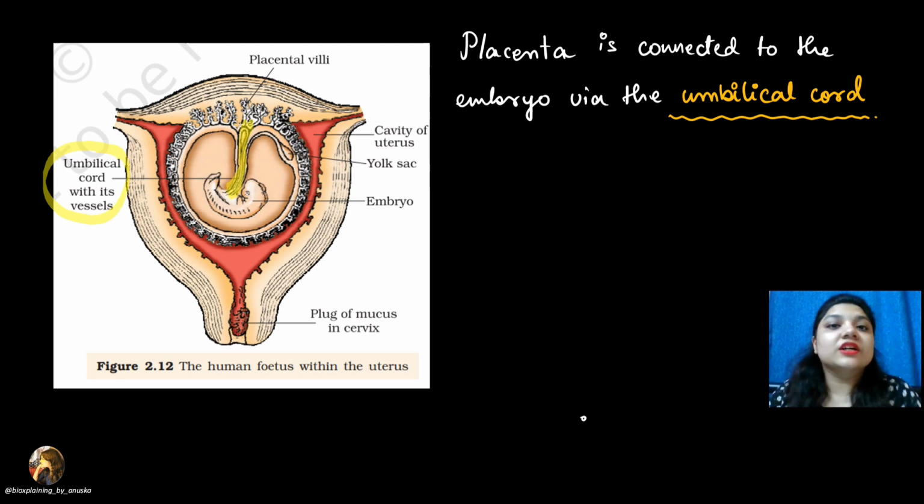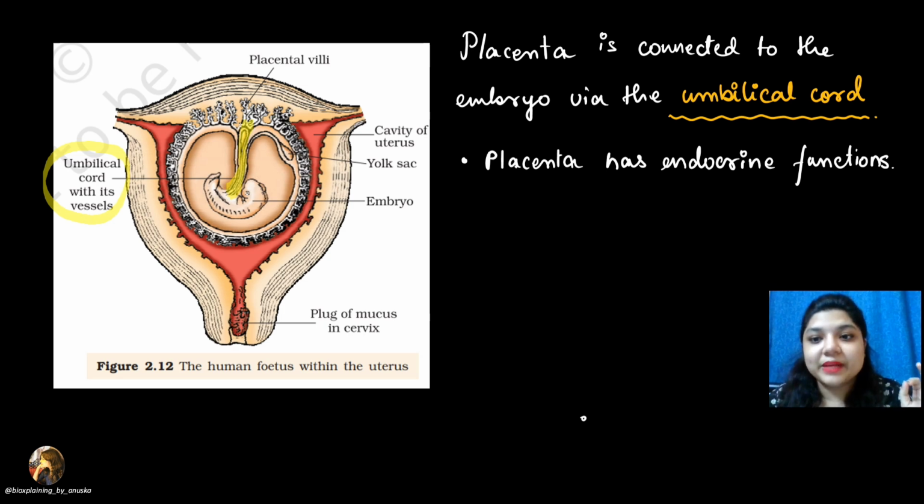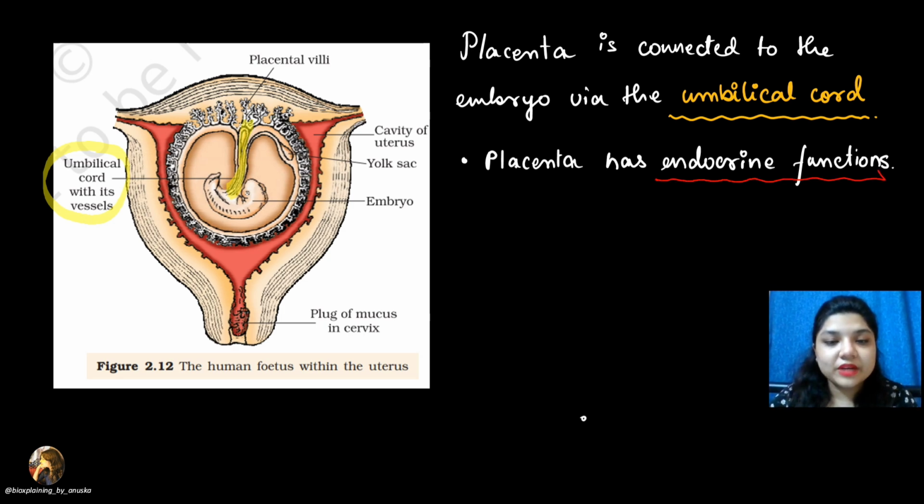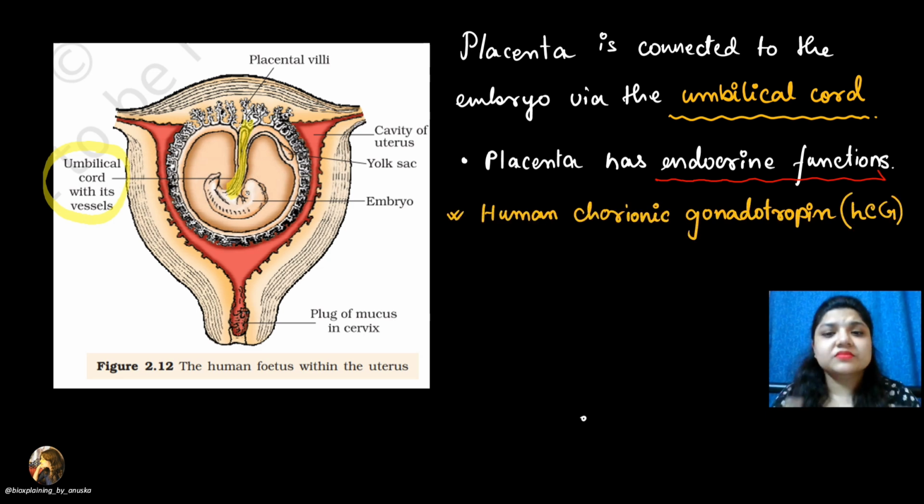Now, what were the other placental functions that I was talking about? The placenta has endocrine functions. What do we mean when we say that? It has the ability to secrete certain hormones. For example, human chorionic gonadotropin, abbreviated as HCG.